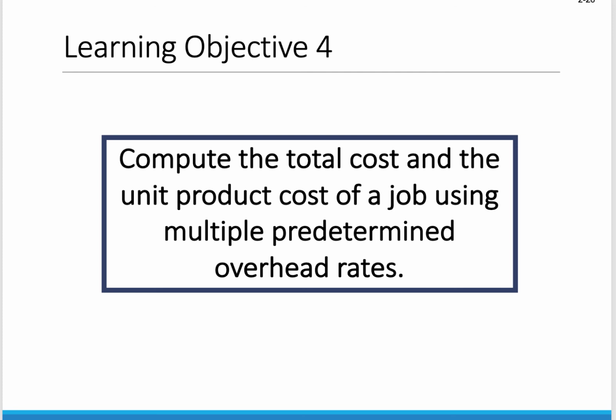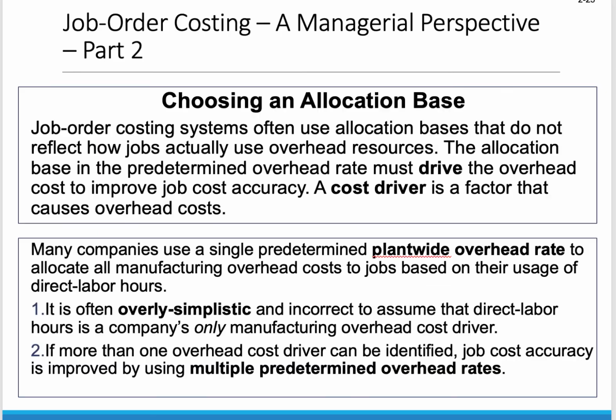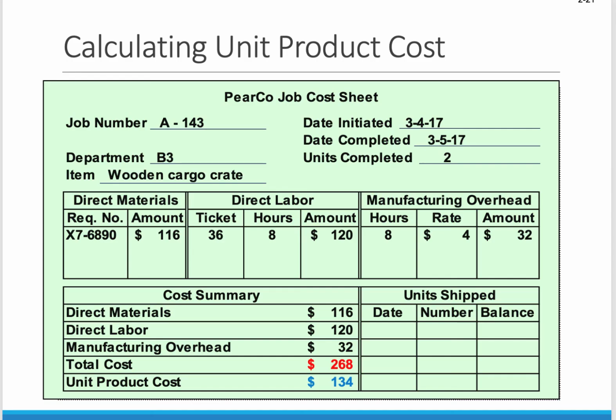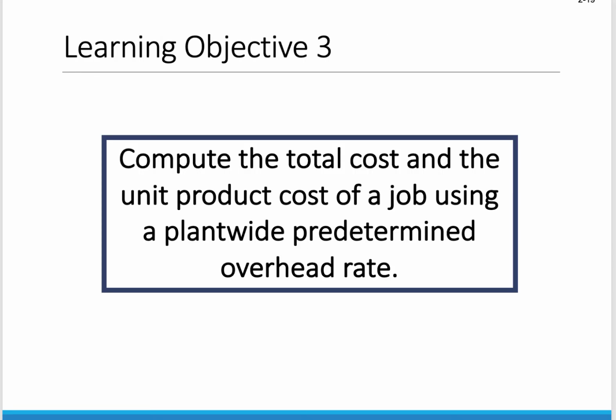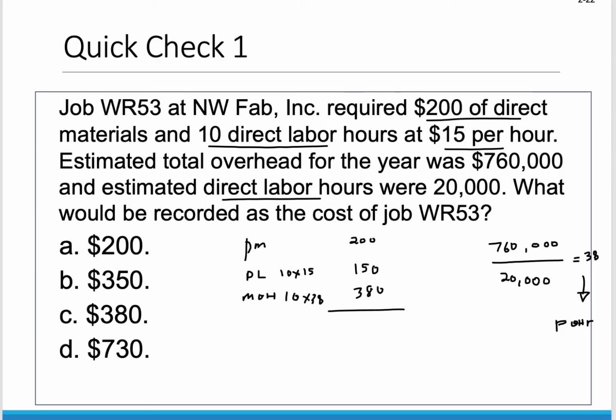I'm going to give you a spoiler alert: if you know how to do this problem, you can do multiple predetermined overhead rates. It's that simple, because we just use different predetermined overhead rates. If you know how to calculate it on a plant-wide basis, you should easily be able to calculate it for multiple situations.